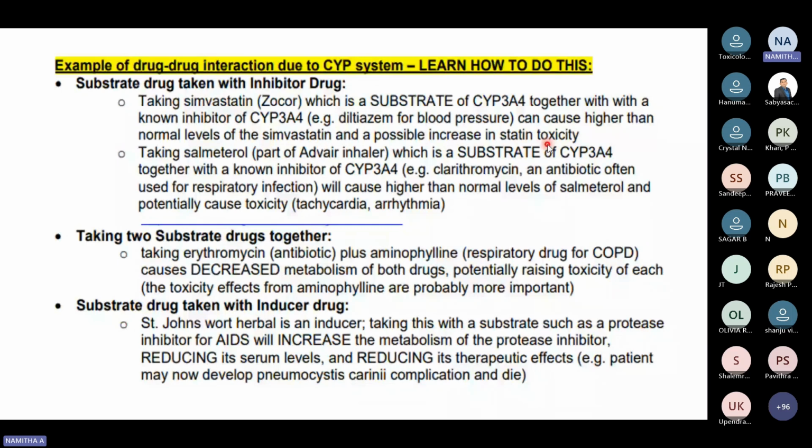Similarly, salmeterol, which is a substrate for CYP3A4, taken along with an inhibitor of CYP3A4, that is clarithromycin, an antibiotic usually used for respiratory infection.